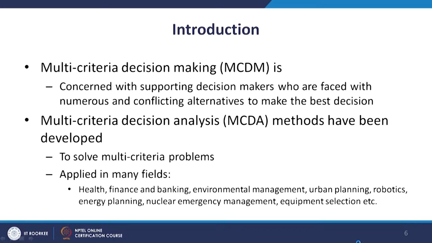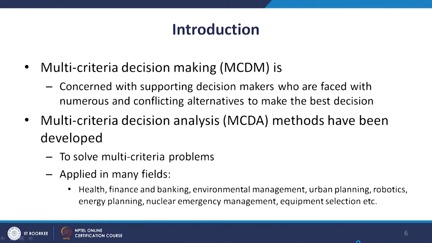Now, if we want to define what multi-criteria decision making is, as we can see in the slide, it is concerned with supporting decision makers who are faced with numerous and conflicting alternatives to make the best decision.